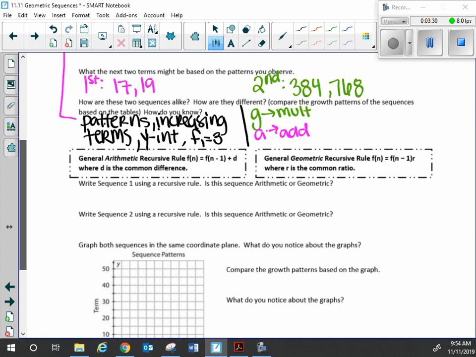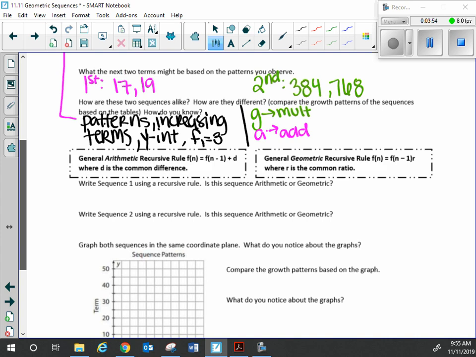It is the actual process to get from one term to the other. For the arithmetic recursive rule, you have to list the first term, because how do you know where you're going if you don't know where to start? Then f of n equals f of n minus 1, the previous term, plus d, where d is the common difference.